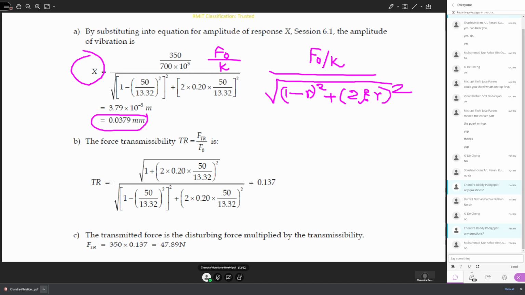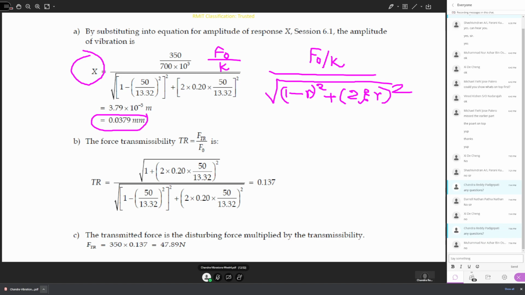Then 13.32 is the frequency which we calculated, based on the weight and the stiffness. From this we apply the response, the amplitude formula, and then we can calculate the amplitude. From this, the force transmissibility we can write.